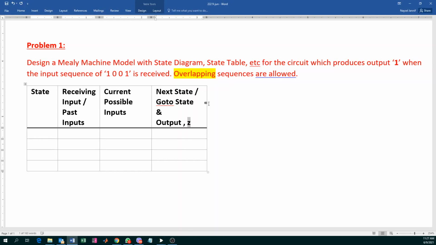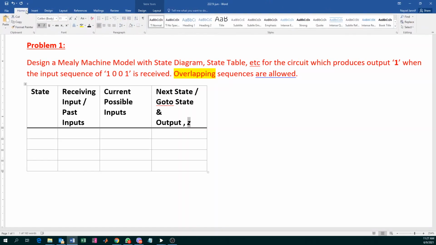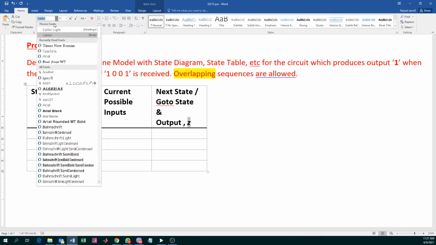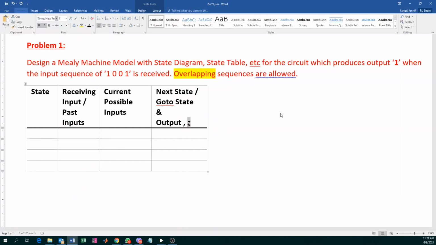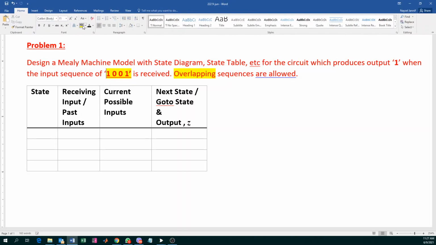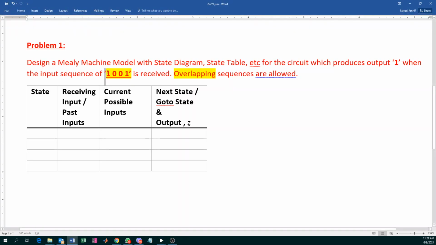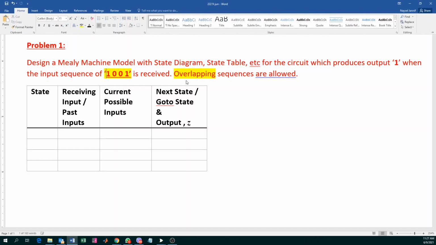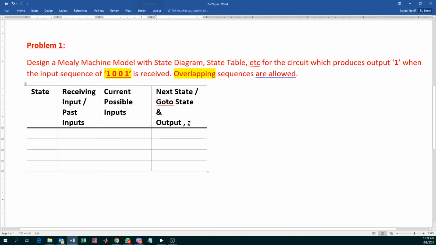Let me label the output as Z. Output labels: receiving input, past inputs, current possible inputs. So obviously, we've got a sequence. Our particular sequence which we have to detect is 1001. Go to state.